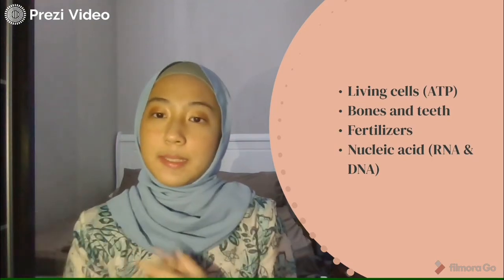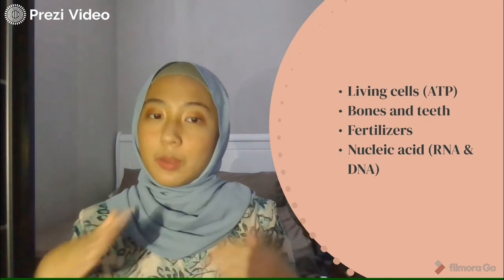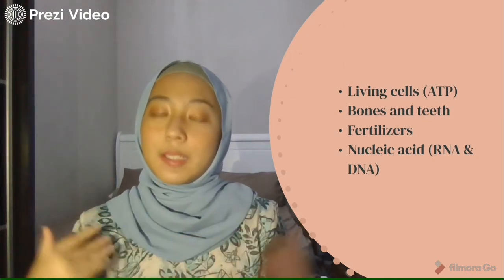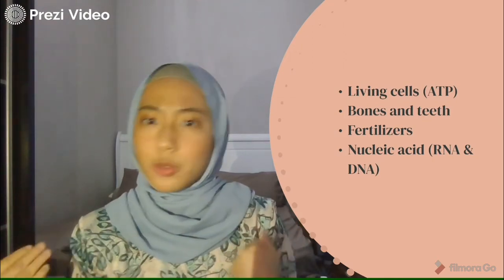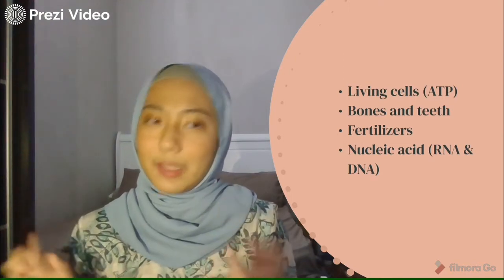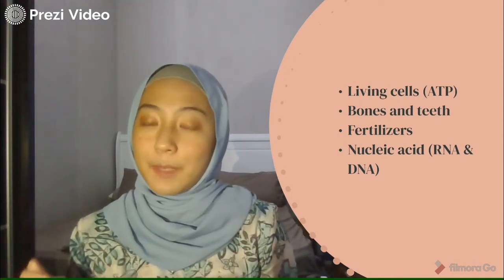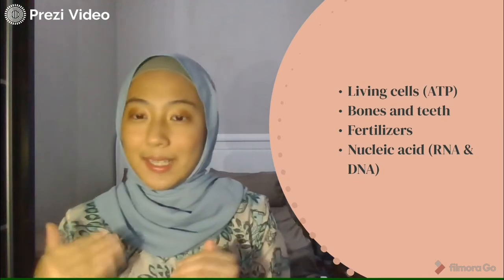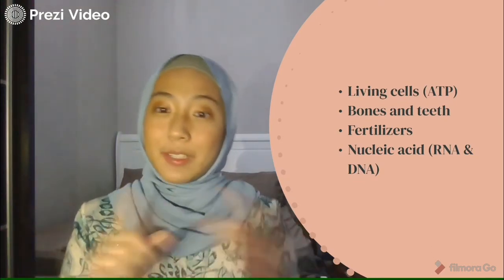First would be in living cells, also known as ATP. What is ATP actually? I think most of you guys already know this, but ATP stands for adenosine triphosphate. So we can already see here that adenosine triphosphate, that's phosphate there.